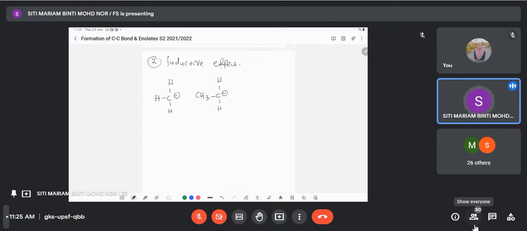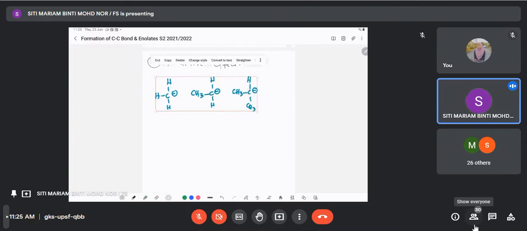And then I can have another structure as well, let's say CH3, H like that. And then I can have another structure, CH3, and then up here CH3 and then minus. So I can have a structure like this. This is for the carbanion.